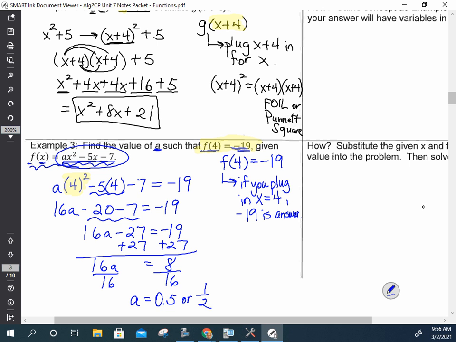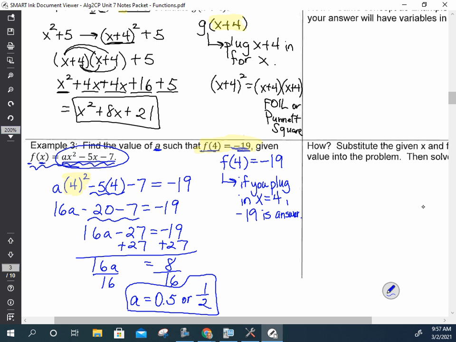But that's also the fraction 1/2. So you get 0.5 or 1/2.